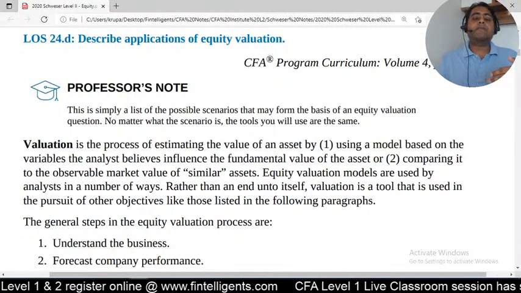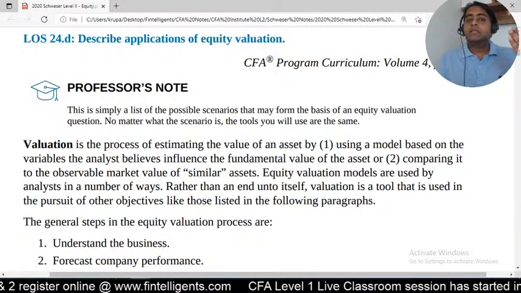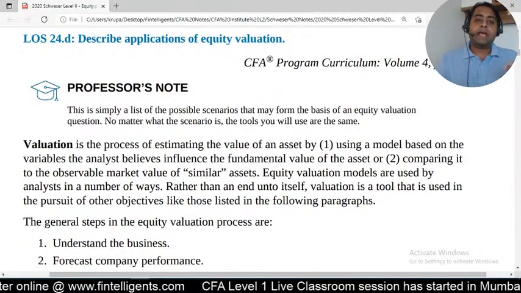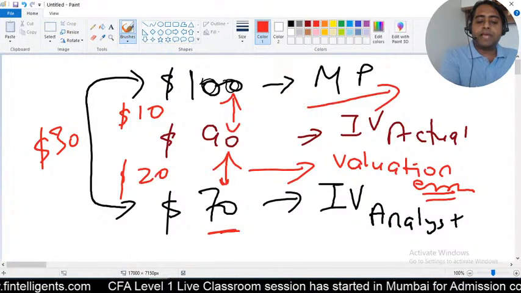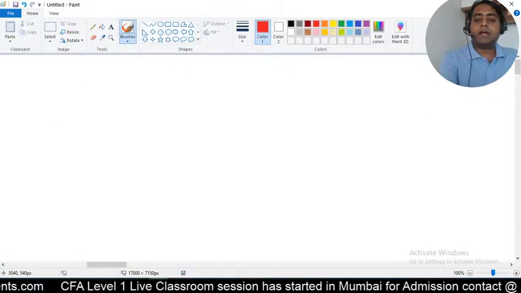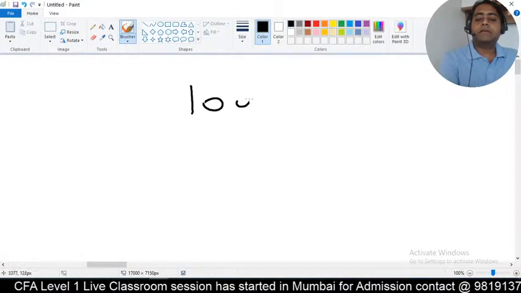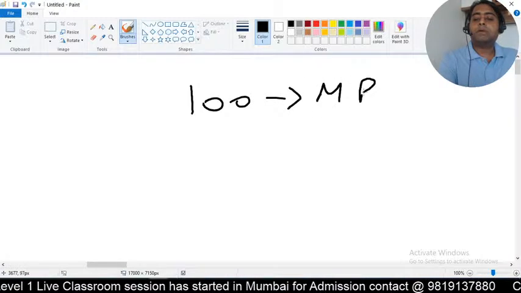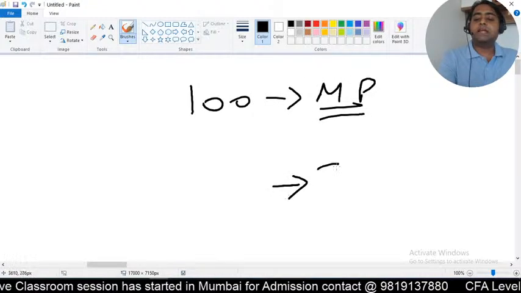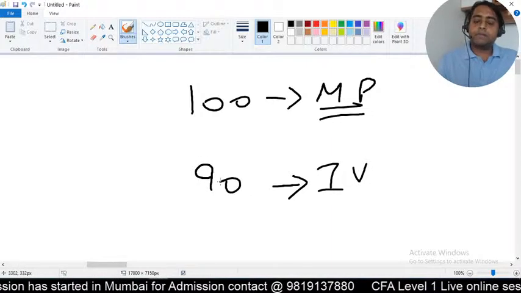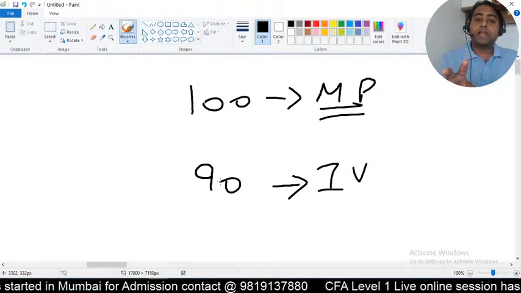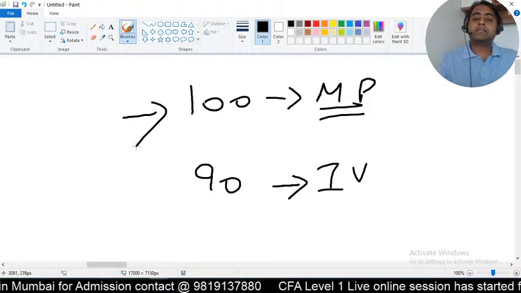Basis that you can decide, oh, if the market price is very high, this asset is very highly priced as compared to the intrinsic value. Okay, simple, right? If you realize that the market price is 100, and the intrinsic value is 90, you realize that okay, this is very high as compared to the intrinsic value.